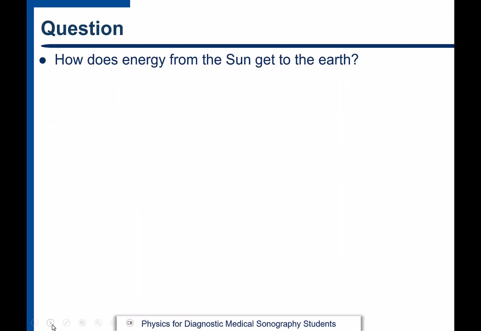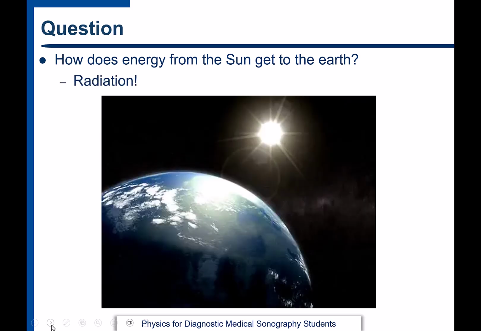So a little check question here. How does energy from the sun get to the earth? Well, I think you probably all know the answer to this, and that is it's simply radiation. So again, radiation, or what we call electromagnetic waves, are what the sun puts out, and much of what the sun puts out is in the visible part of the spectrum.